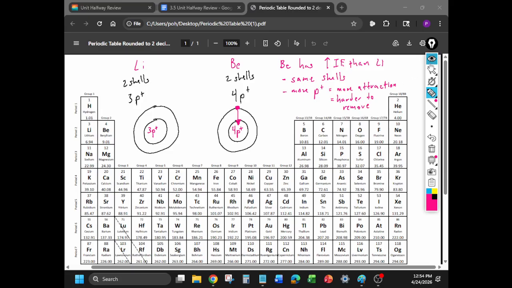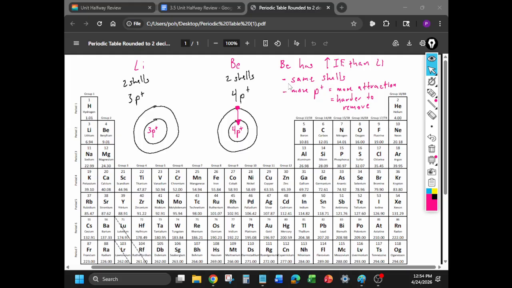And that's why it has a higher ionization energy. Okay, so same shells, but there are more protons. That means the electron is more tightly held, which means it is harder to remove because it takes more energy to remove the electron. Okay, so the ionization energy is higher.